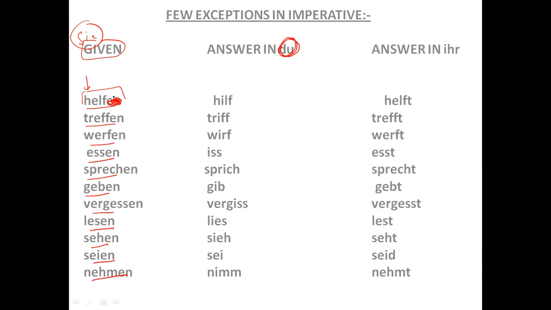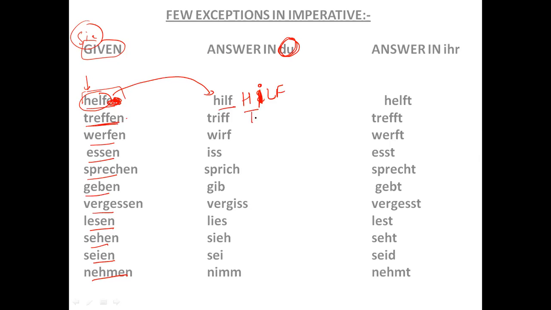In helfen, the ending will not come, and I have changed the verb root. I have written "hilf" and not "helf". So this e has converted into i, right? For example, here the ending is not there.